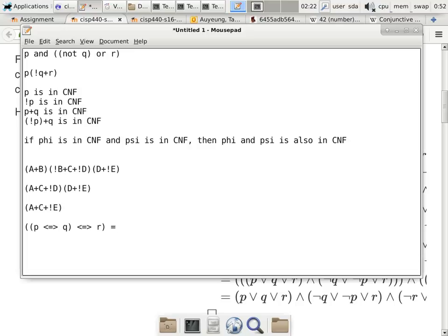In other words, it's using operators that are not even allowed in the CNF. So the first thing we have to do is change this so it uses things that we can use in CNF.